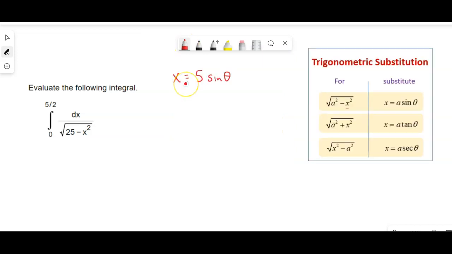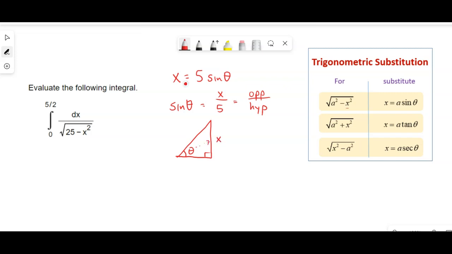Now we're going to use trig. So what I'm going to do here is solve for sine, and I'm going to say that's equal to x divided by 5. And if you remember with your right triangle trigonometry, sine is defined as opposite over the hypotenuse. So I draw a right triangle. I declare where theta is. So theta is there. The opposite of that angle is over here.